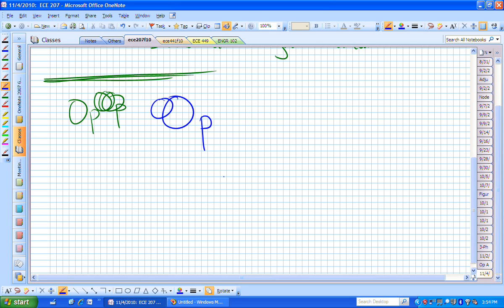What am I trying to do? I'm trying to come up with enough equations that will allow me to find a relationship between this output voltage, V sub 0, and the input voltage, V sub n.